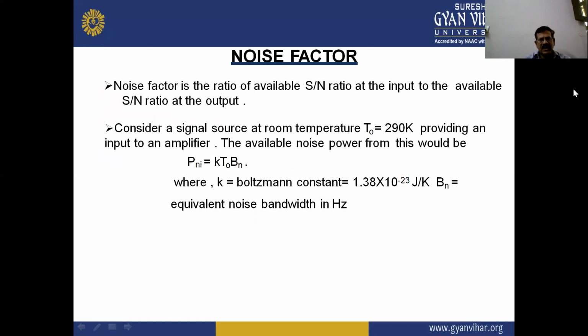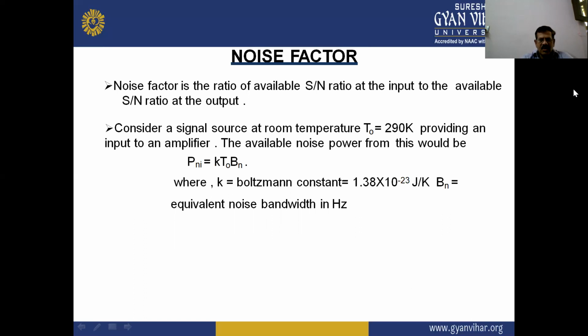Noise factor is the ratio of the available signal to noise ratio at the input to the available signal to noise ratio at the output. So we consider a source at room temperature of 290 Kelvin providing input to an amplifier. The available noise power from this would be Pn equal to k T naught Bn.